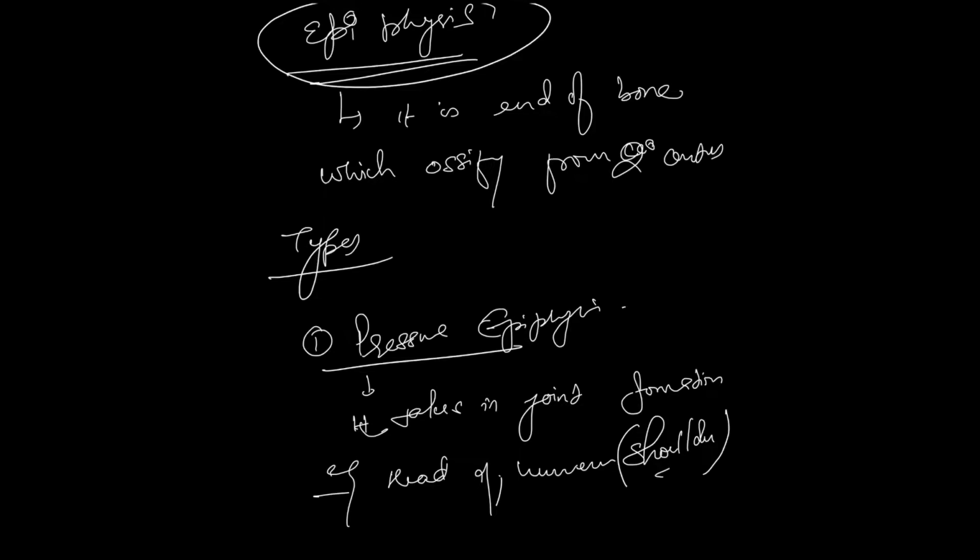Shoulder joint. Okay, second, lower end of radius, which joint is it forming? Wrist joint. Okay.